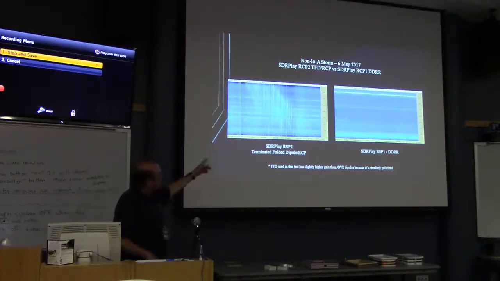This is an SDRplay 2, that's an SDRplay 1. Kind of both hooked up to the same antenna. There's no emission, nothing. And the SDRplay has an incredible amount of front-end gain plus its FFT. It's got fast Fourier transformation. It'll pull stuff out of the mud like you wouldn't believe. Nothing, absolutely nothing.